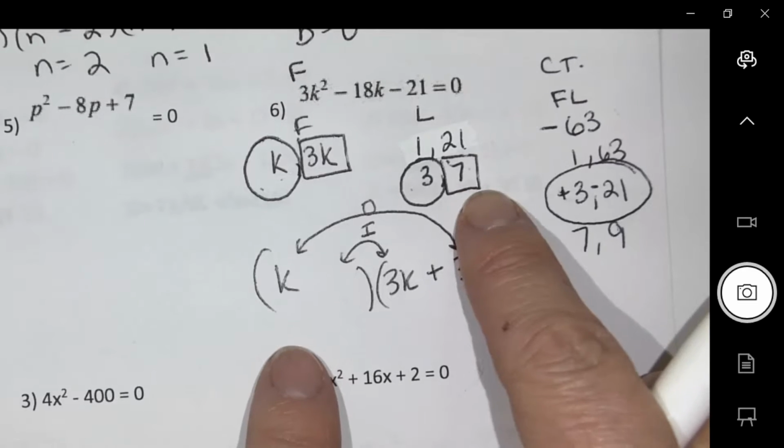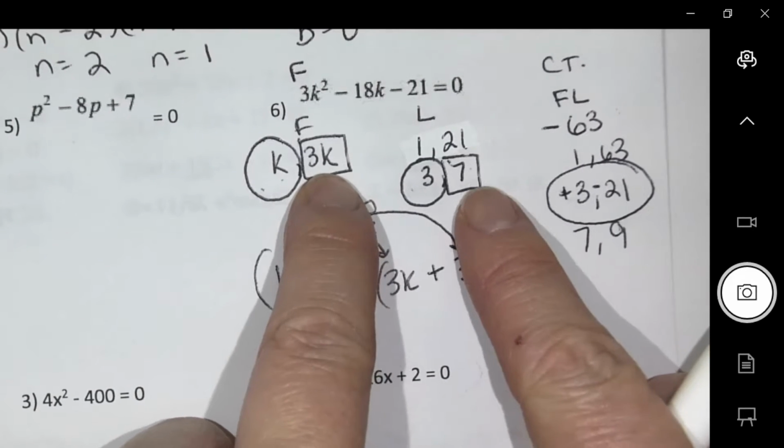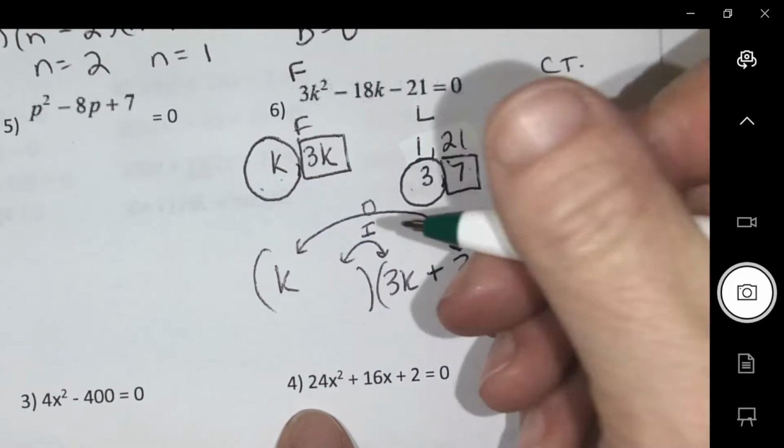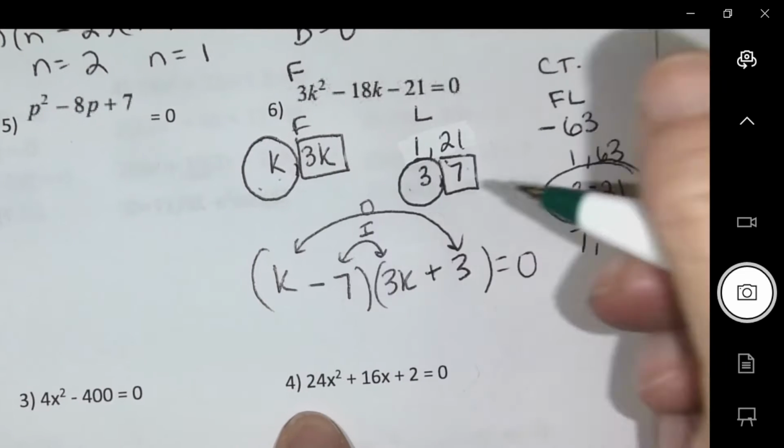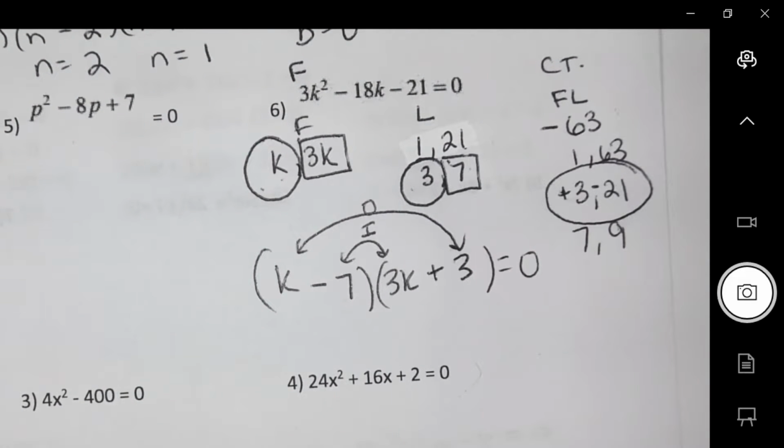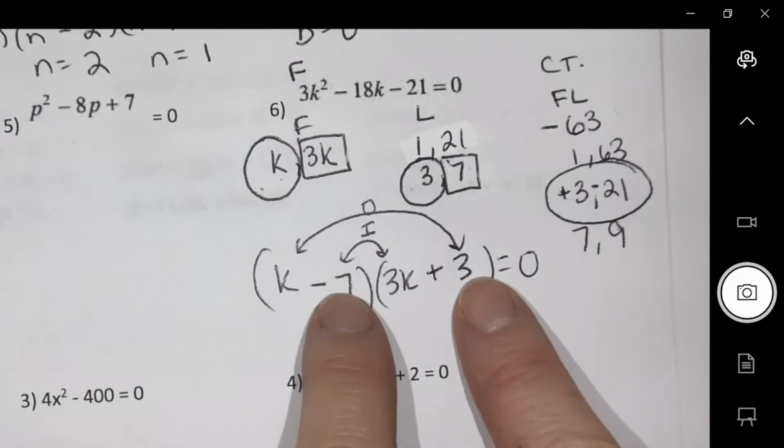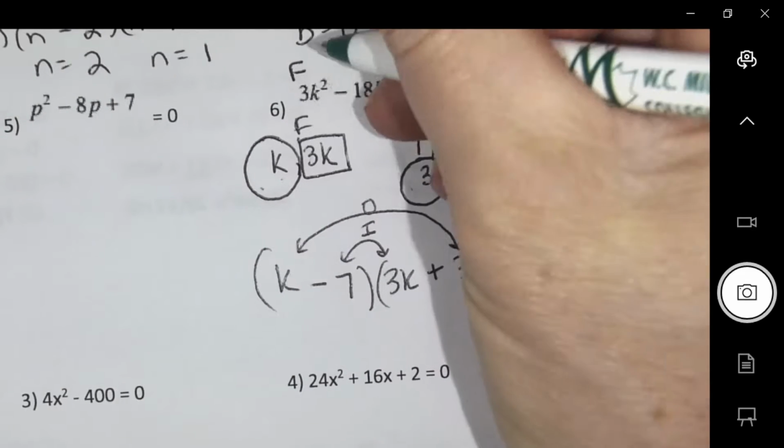On the insides, I partnered the 3K with a 7 to make minus 21. And then the last times the last makes the negative 21.